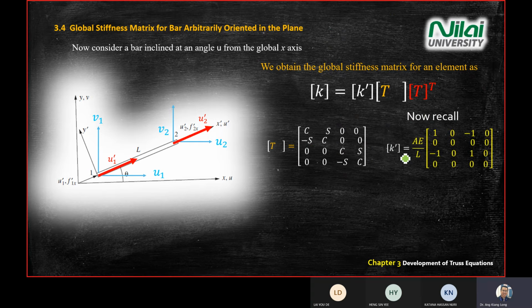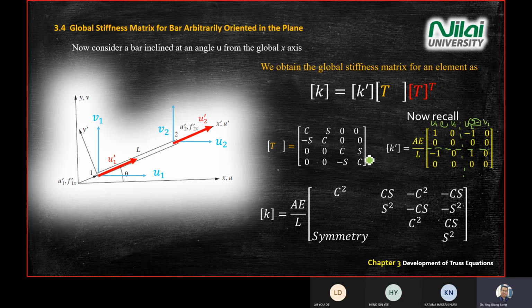T just now, K also we learned. The K prime equal to AE over L and all the parameters inside there. And again, we're looking at point 1, point 2, U1, V1, U2, V2, same. So all this we derive from our equation. So we put our K, meaning that you use this equation.